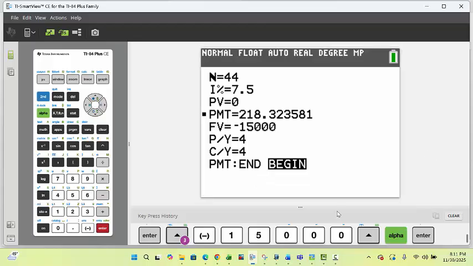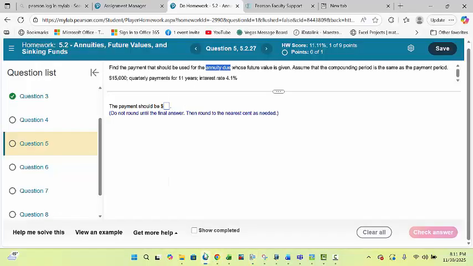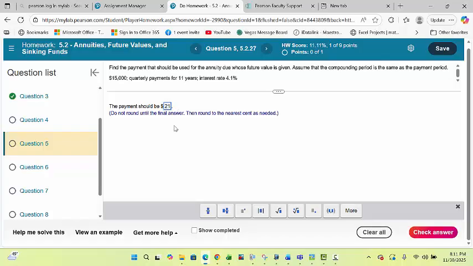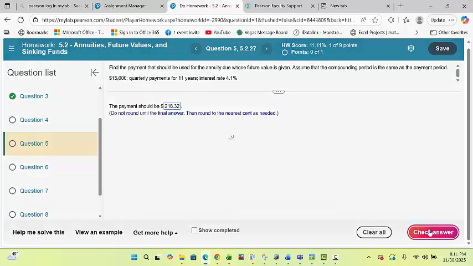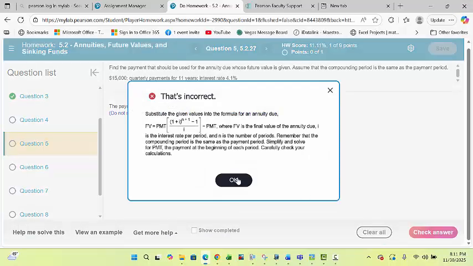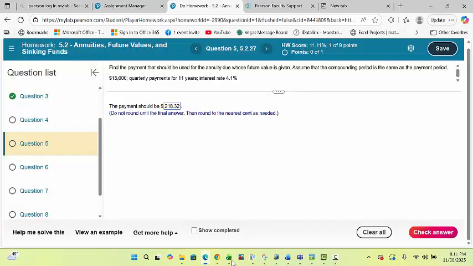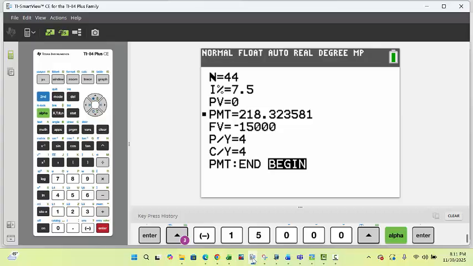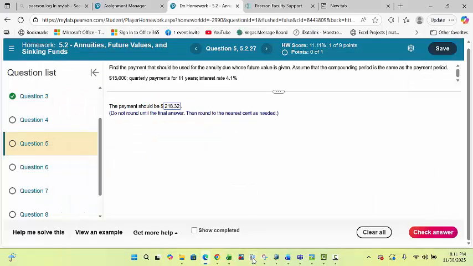So I like 21832. Oh, thought I was. All right, let's see where I went wrong here. Payments are at the beginning. 15,000.